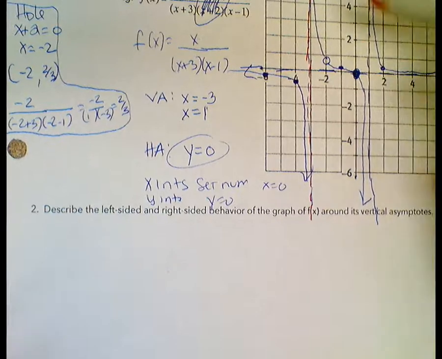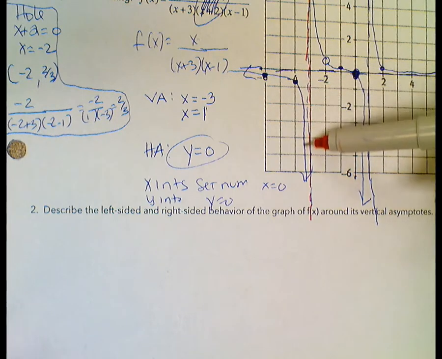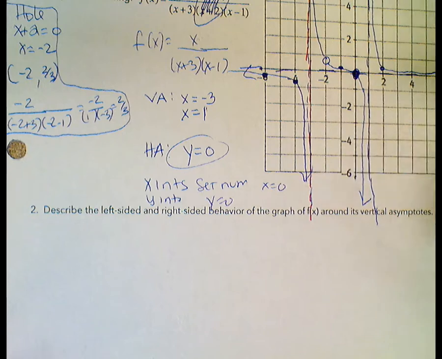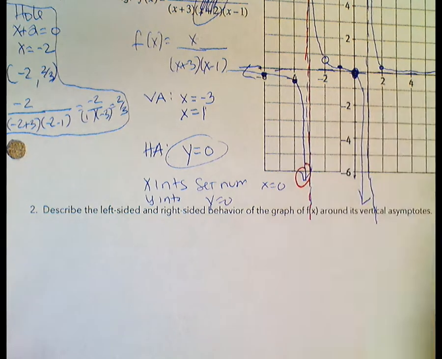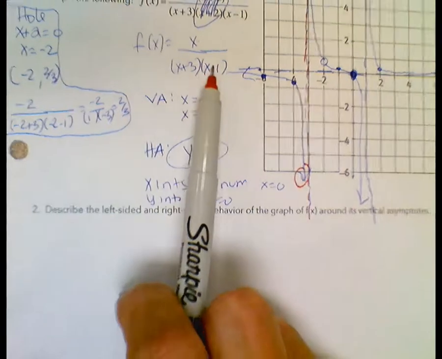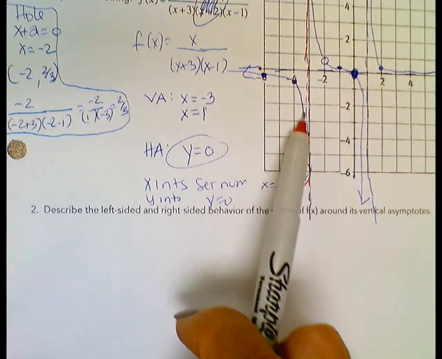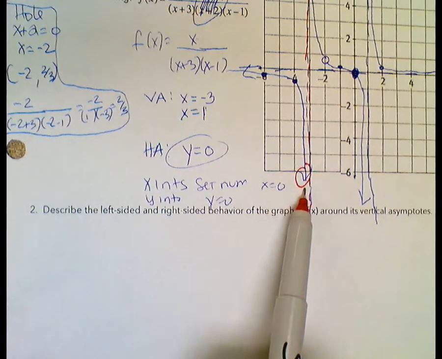What you're going to say is, as this graph approaches this vertical asymptote from the left, what is this curve doing? It's going down. So we're actually describing this one. As your x's come towards the vertical asymptote from the left, the y of that end behavior is going down.